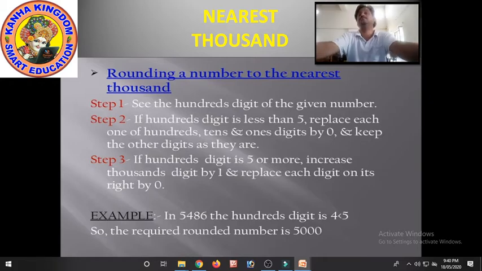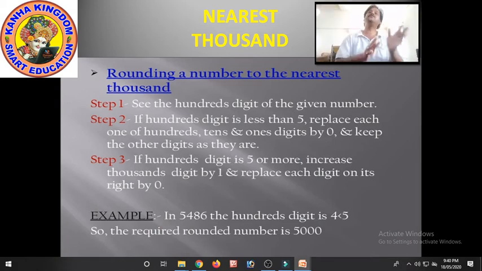Now second step, if the hundreds digit is less than 5, replace each number of the hundreds place value, tens place value and ones place value by 0 and keep the other number as they are.